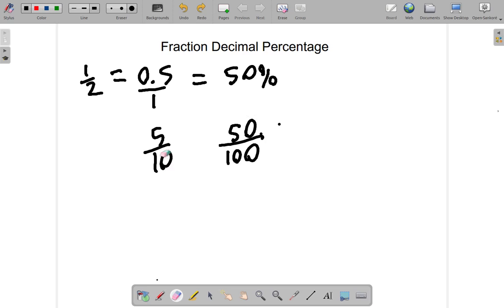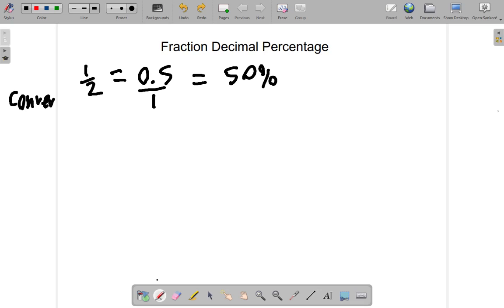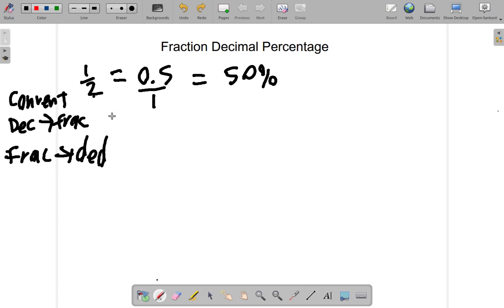Now, some of the things we want to do is convert. We want to convert decimal to fraction. We want to convert fraction to decimal. So let's look at some of that.